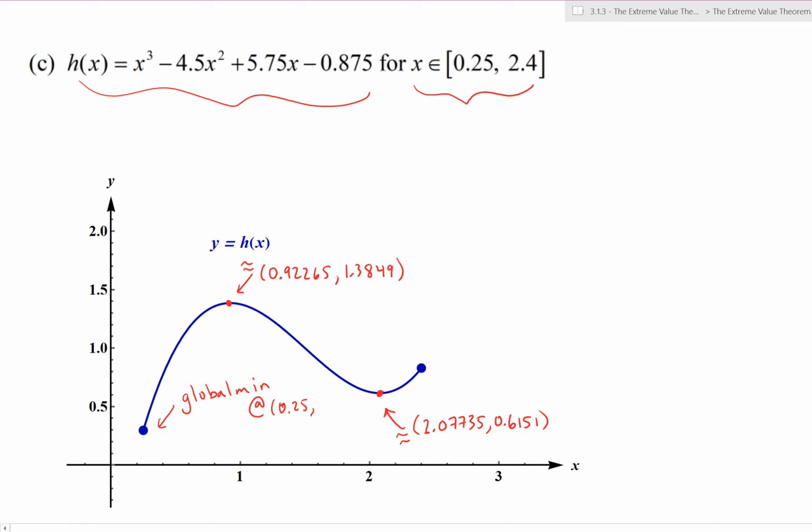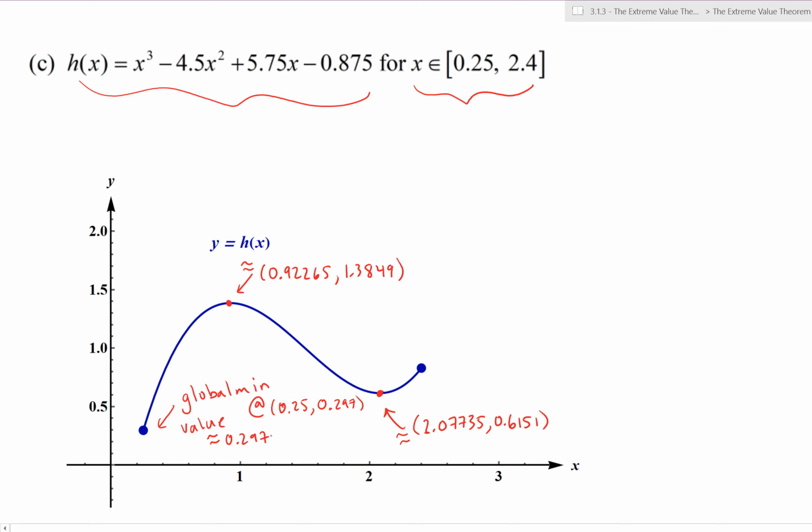If you were to plug 0.25 into this function, it is approximately 0.297. And our global min value, therefore, is approximately 0.297 here.